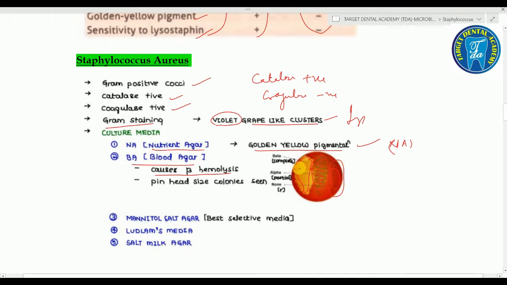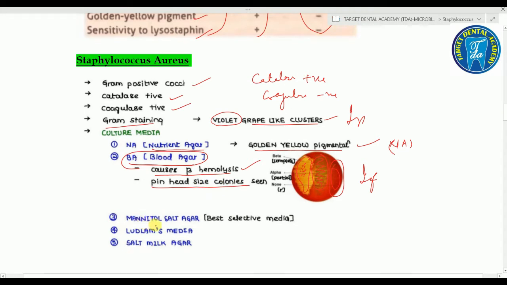So in the blood agar, it causes complete beta hemolysis, in which you can see pinhead size colonies. Important point: in the blood agar, it shows pinhead size colonies.